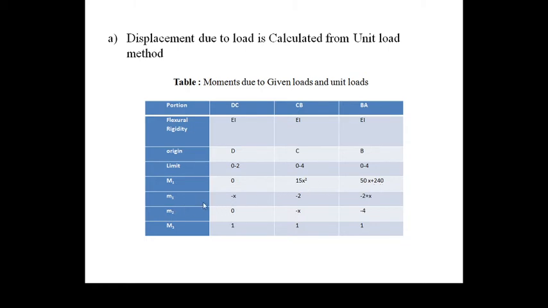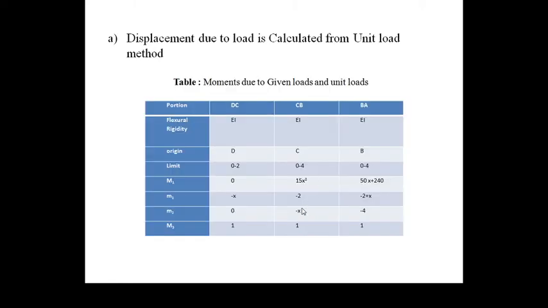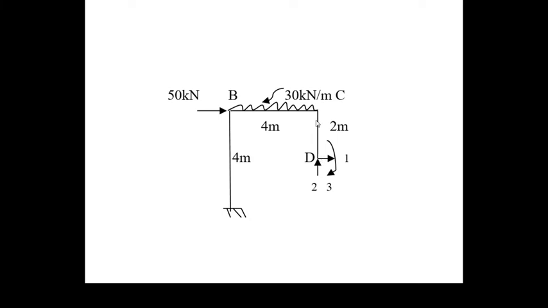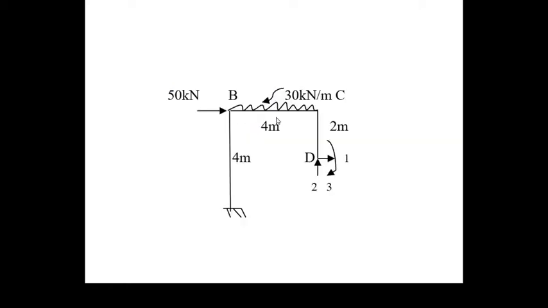Then M1 at this point is minus x, here minus 2. How to get this for BA? That is 2 minus 2 plus x, we are getting minus 2 plus x. Then similarly M2 is 0 at DC, because we are applying it here only.